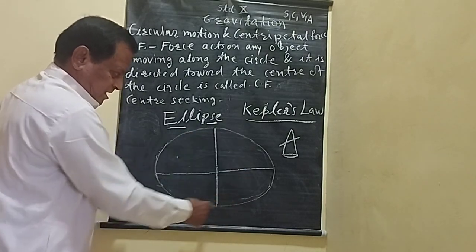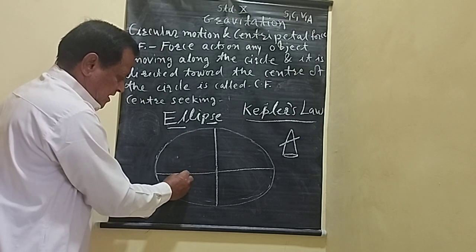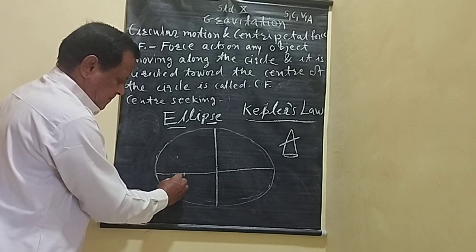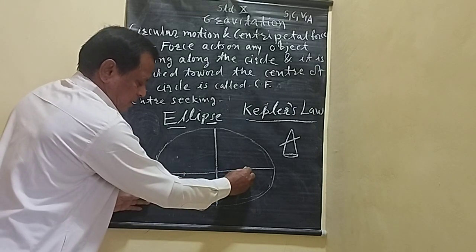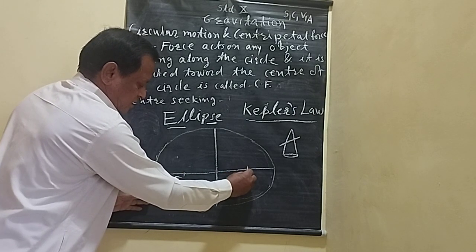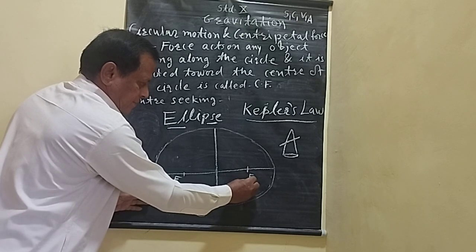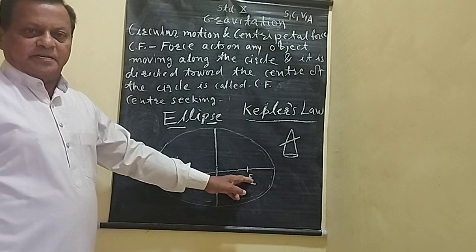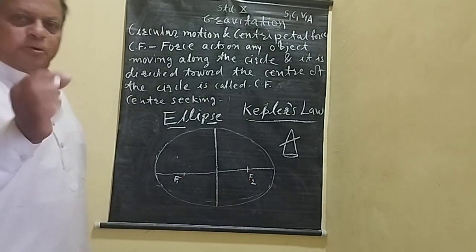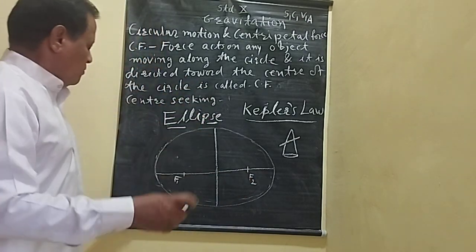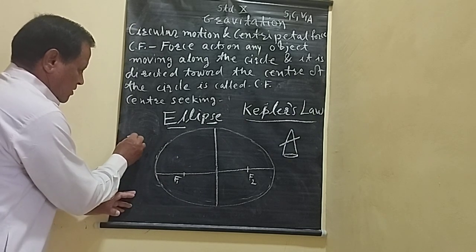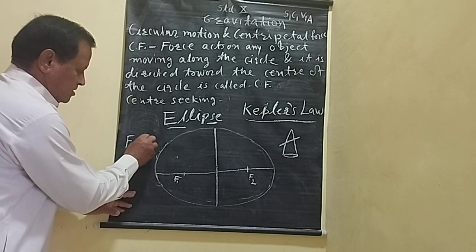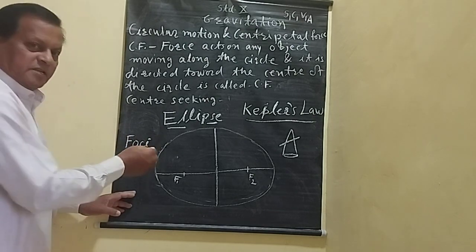So this diagram is of an ellipse. Here is one focus, focal point, and here is another focal point. I will write here F2. F1 and F2 are two focal points. When there is one, we call it focus, and when there are more than one, we call that foci, F-O-C-I.